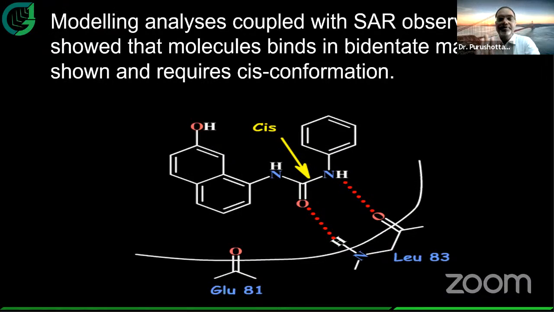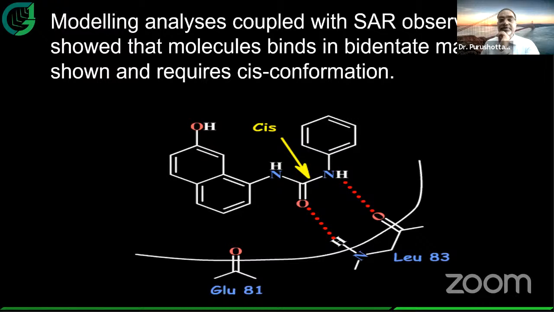If the compound is in the trans conformation, this interaction will not happen. The phenyl ring, which is here, will bounce against the protein, and the binding will not happen. So you can see clearly in this picture that the ligand binds in a bidentate manner.